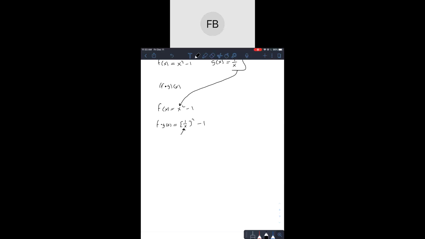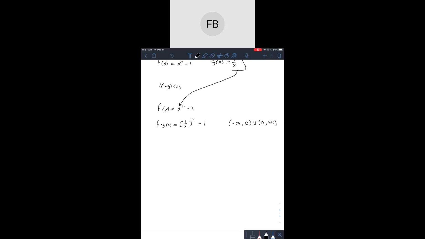We can't put 0. So I'm not 100% sure on this, but I think the domain might be negative infinity, and then how do we skip 0? We have to probably say negative infinity to 0, but not including 0, and then also not including 0 to positive infinity. That's probably the correct way to say it, right?